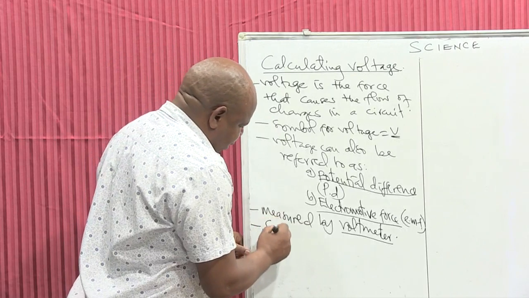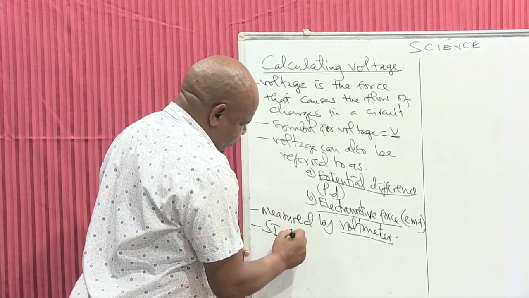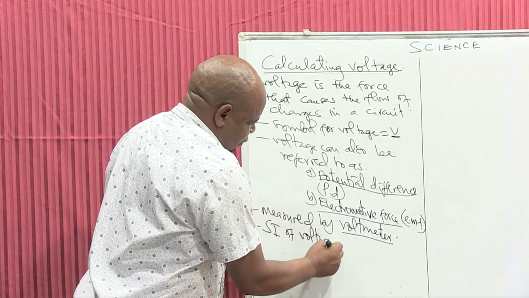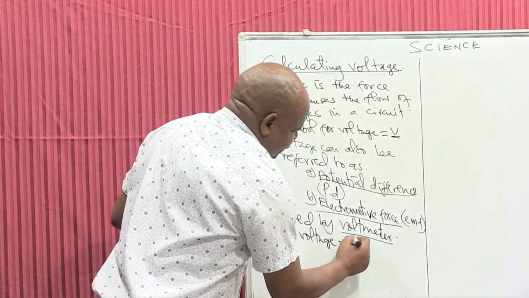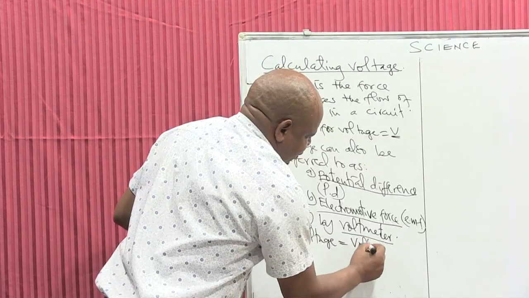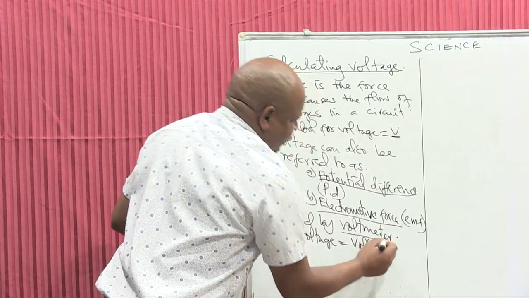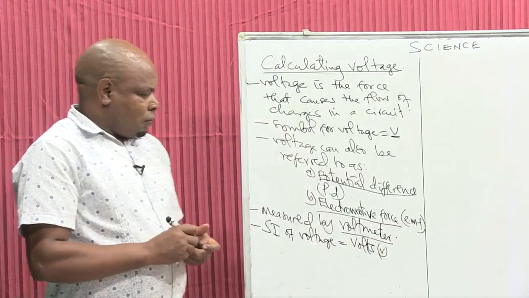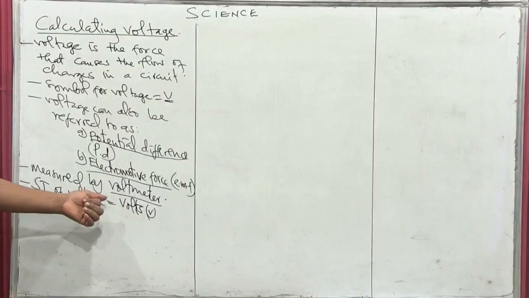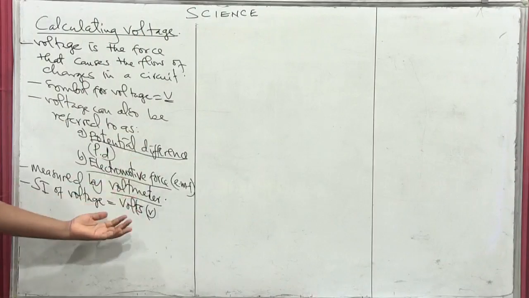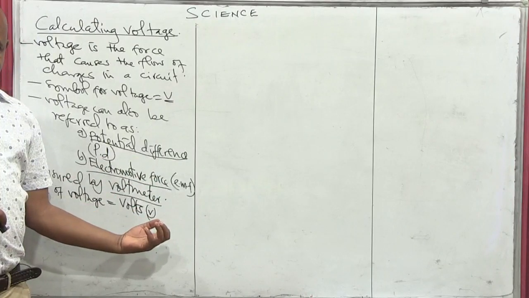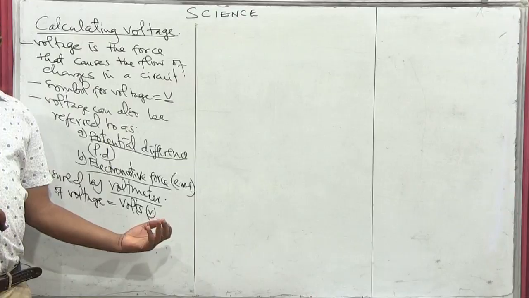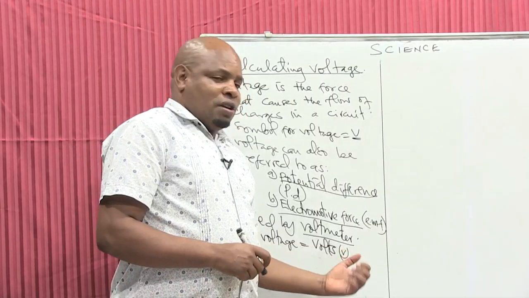SI units: the SI unit of voltage is volts, denoted by letter V.